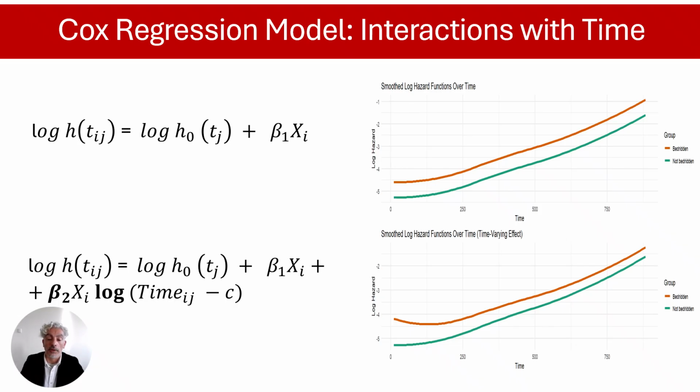The equation in the lower part of the slide represents the addition of an interaction term where the predictor is interacting with the logarithm of time, and the graph in the lower part of this slide illustrates a possible interaction effect where we can see that the distance between the two functions is not the same at every time interval in the study.